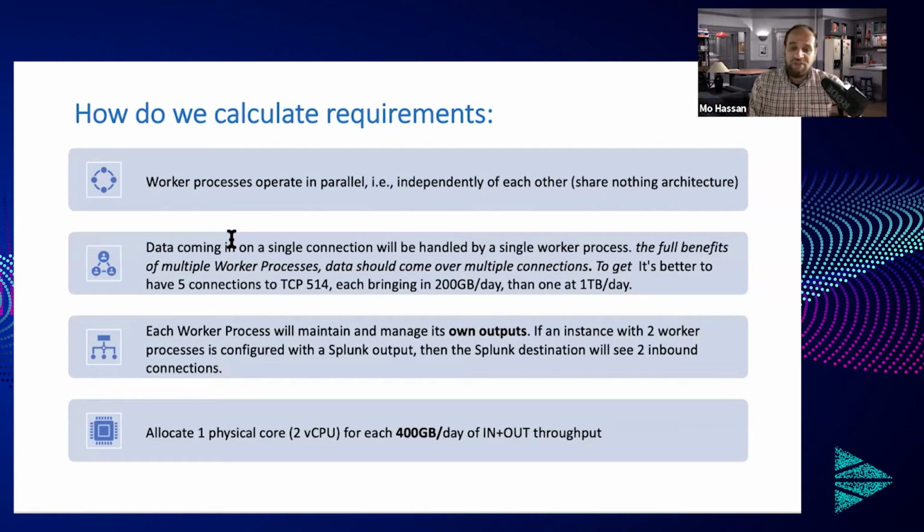Each worker process will maintain and manage its own outputs. So if you have an instance, i.e. a worker node, that has 2 worker processes running, and they're both configured to talk to Splunk, then if 2 incoming connections come into this worker node, Splunk will see 2 inbound connections at this end.